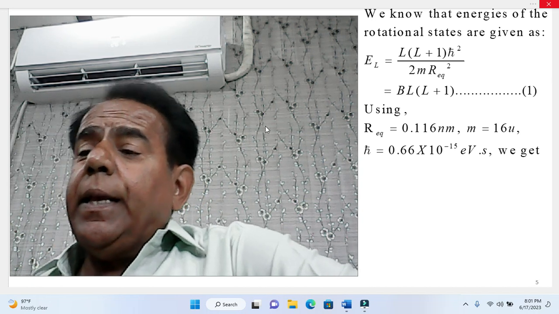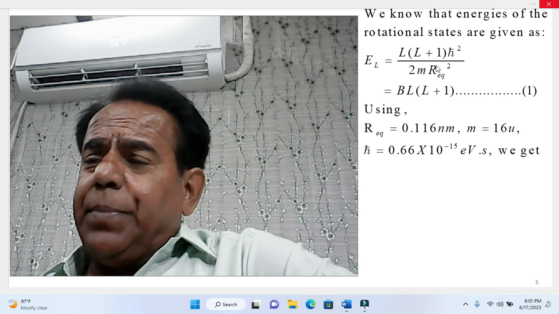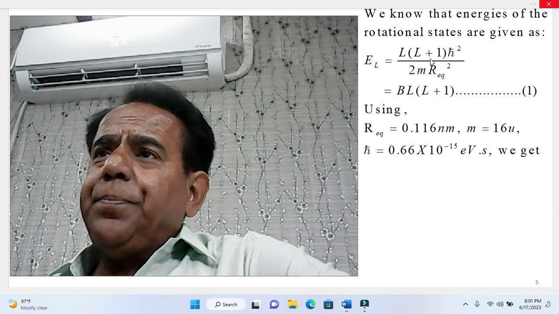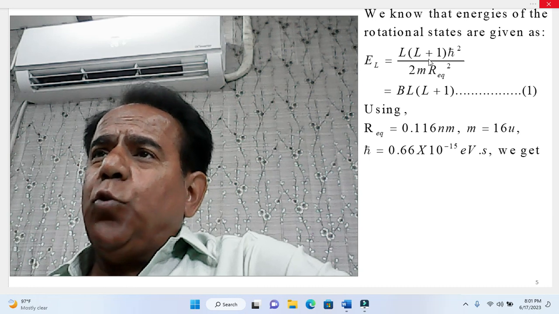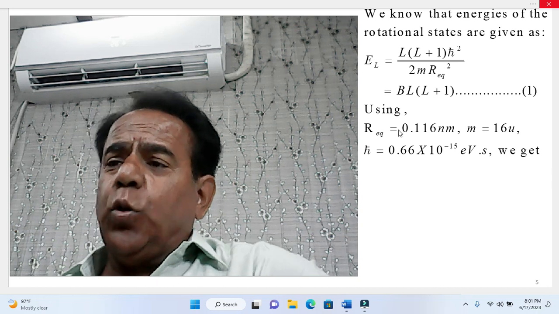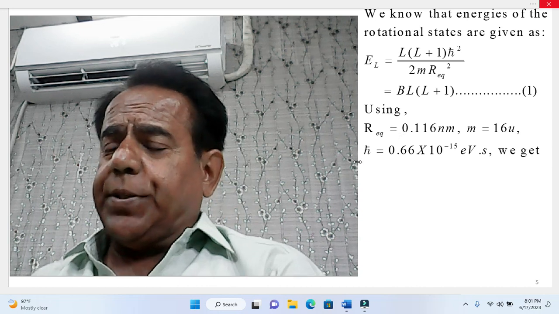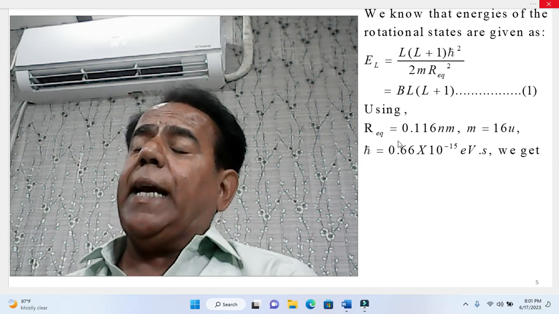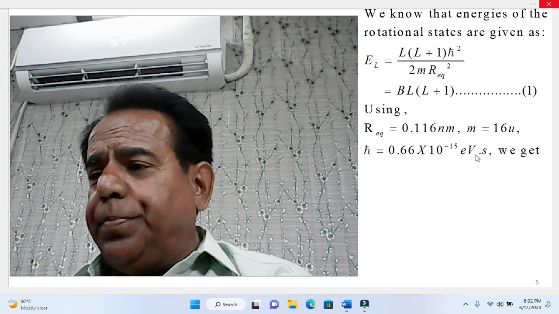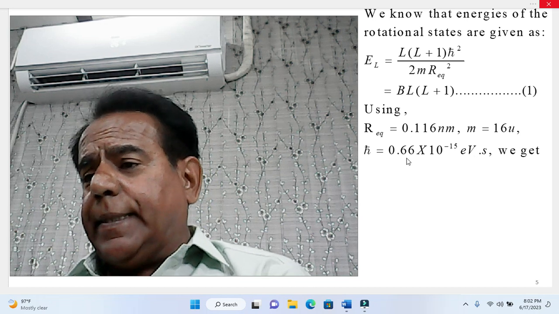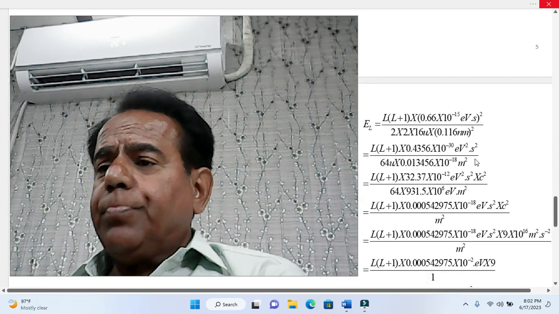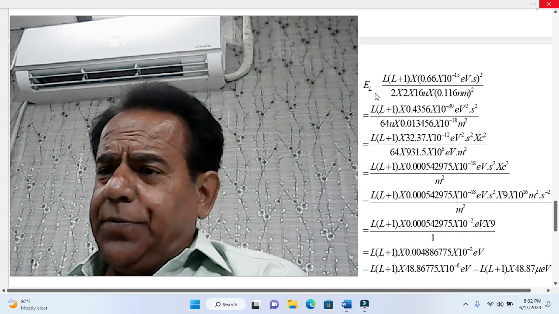The value of Planck's constant h given in that table has been divided by 2 pi, that is 3.14 multiplied by 2, that is 6.28, and hence the resulting value becomes 0.66 into 10 to power minus 15 electron volt into second. So in the expression we have used this value.